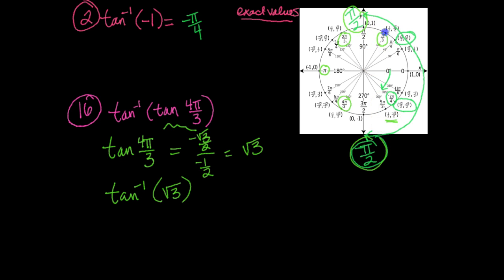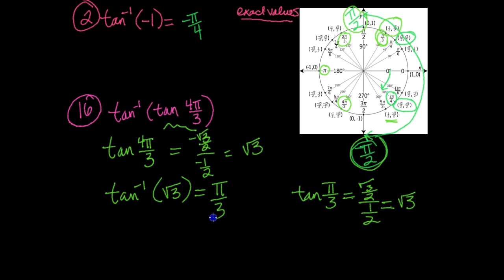So it has to be up here at pi over 3. If we just evaluated tangent of pi over 3, do you see that that would give me square root 3 over 2 over 1/2, which would also be the square root of 3. Okay, so the angle that makes this true is positive pi over 3.